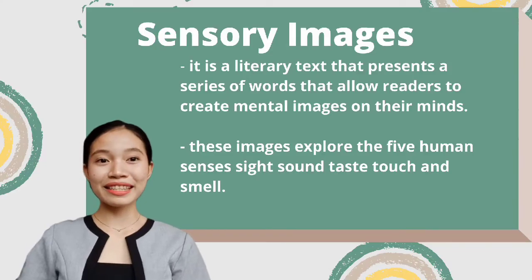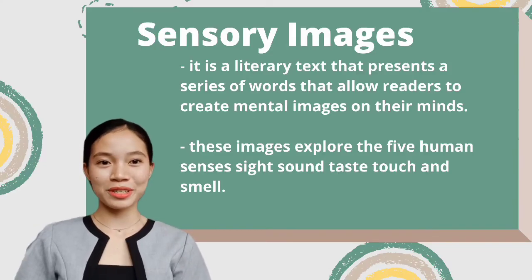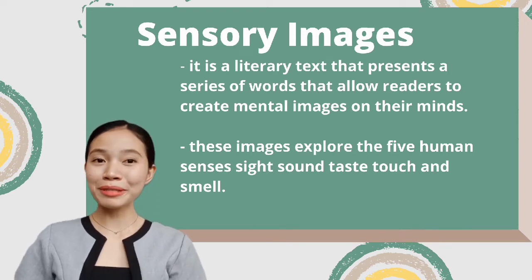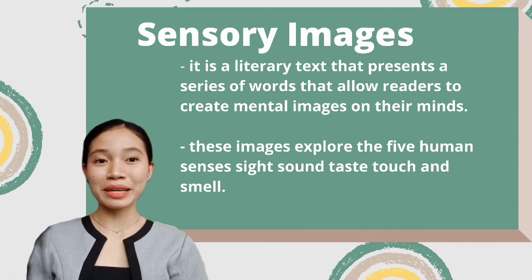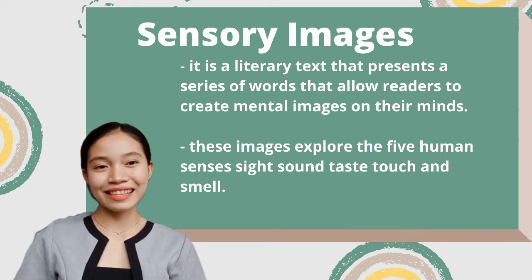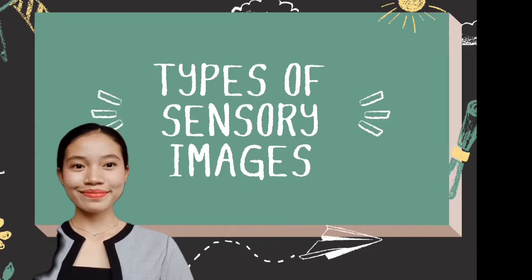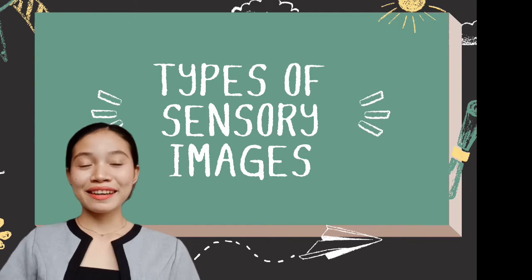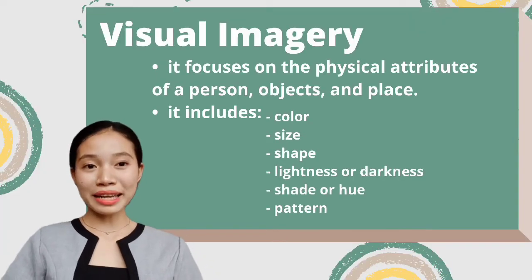Now, who would like to read the definition of sensory images? Anyone? Okay, thank you. Just bear in mind that when we talk about sensory images, these are images that appeal to our senses. Let's move on with the types of sensory images. The first one, we have visual imagery.